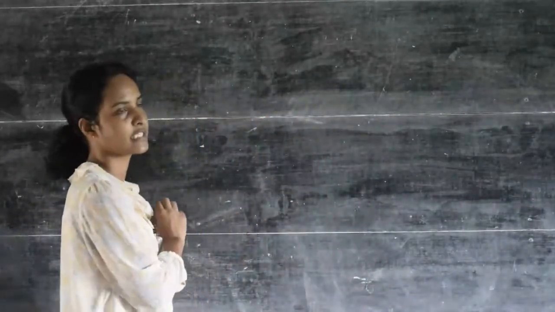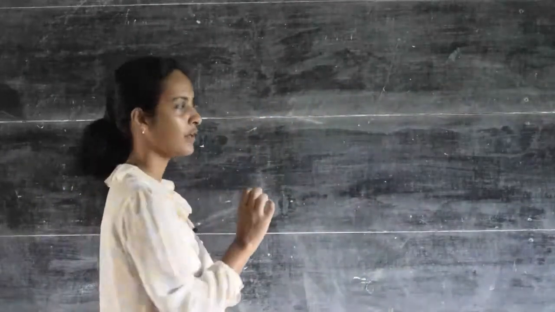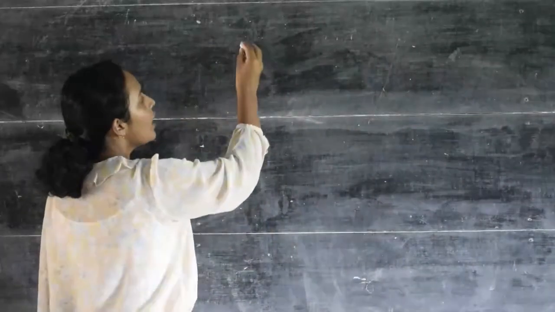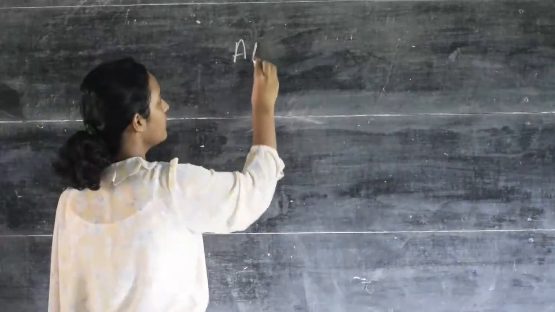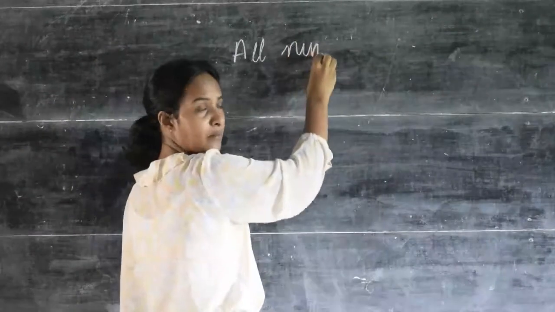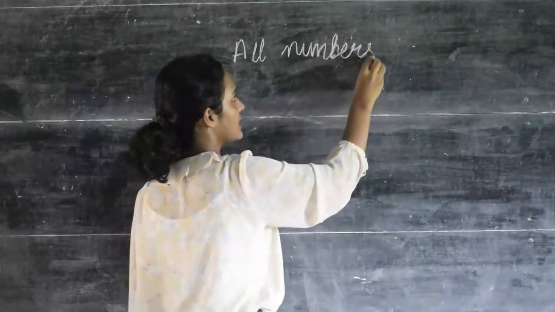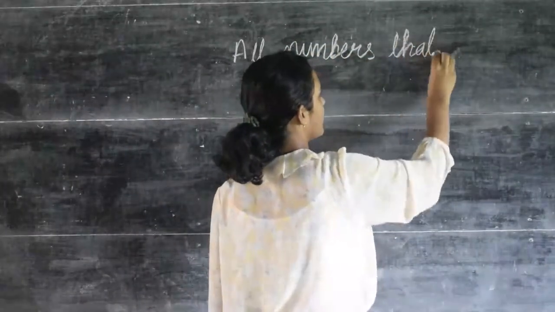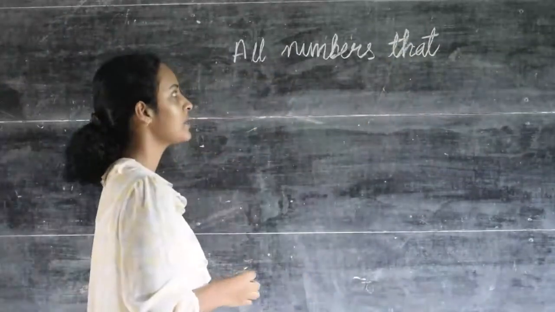In the previous section we have already seen what a rational number is. So now let's define what an irrational number is, keeping in mind all the knowledge that we have acquired until now.